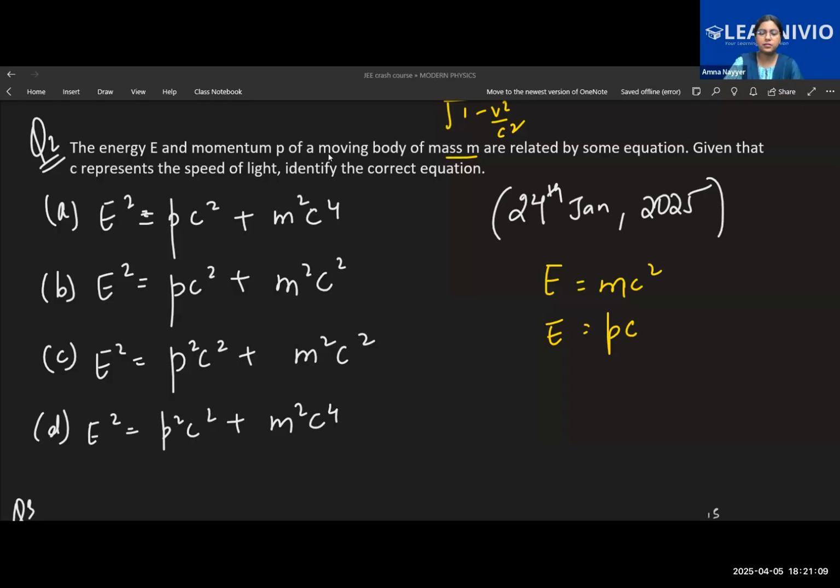Correct, D option. D will be right. Your energy will be (PC) whole square plus (MC square) whole square. This is what we wrote in the theoretical part. So when you actually open the bracket, it will be P square C square plus M square C to the power 4. So D option. Write down this too.